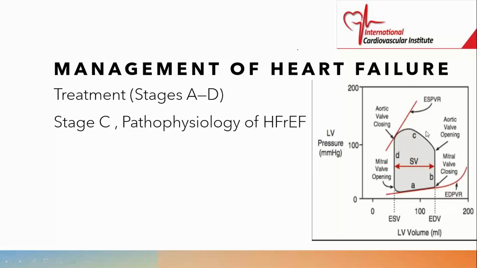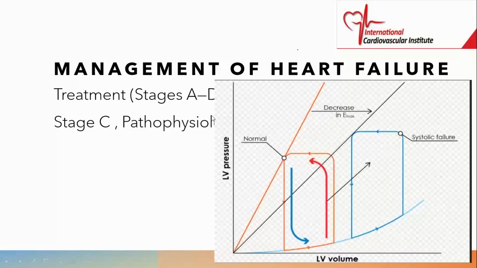But this is just putting everything together, the complete cardiac cycle, and looking at it as a loop. The importance of that is when you get something looking like this, this is the normal pressure volume relationship. So this is the normal heart.